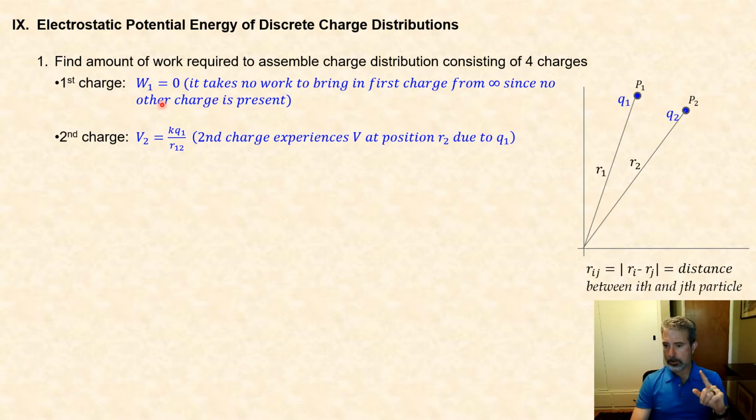If that is the electric potential at point 2 due to charge 1, then to bring in the charge having a size Q2 there, we know that the work is simply the charge times the potential.